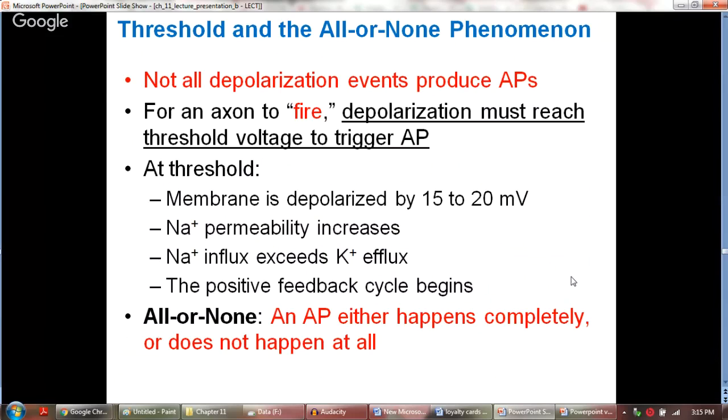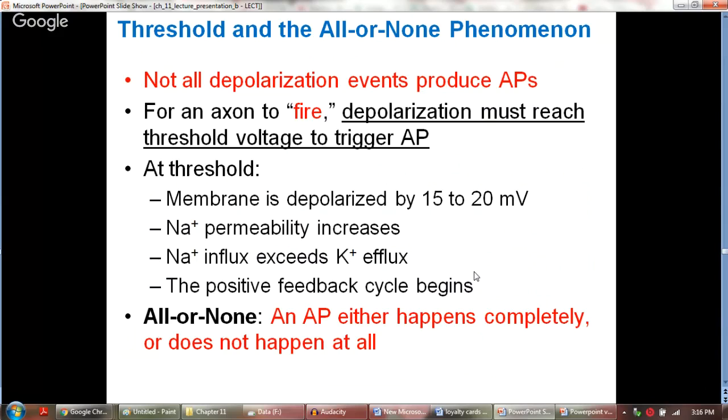So these are the very important things you need to remember. It's not necessary that all depolarization processes produce an action potential, and it does need a threshold voltage. These are the key features of what is happening at the threshold level.